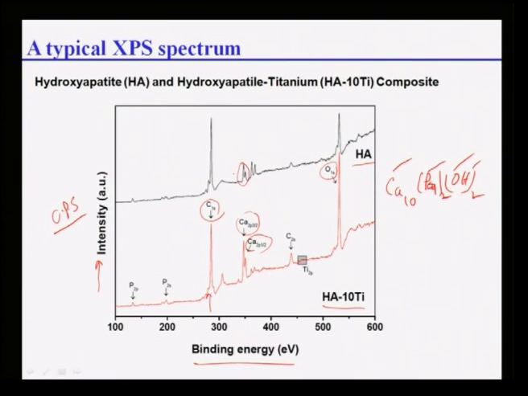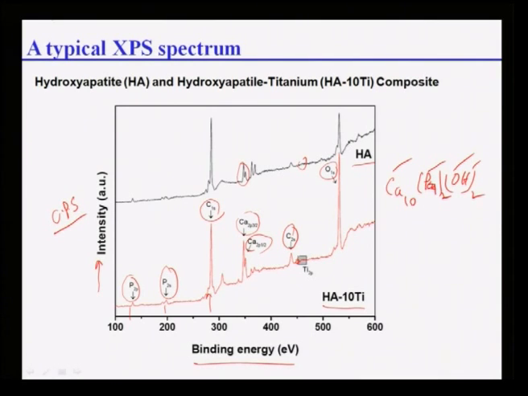These are present both in hydroxyapatite and in the titanium composite. Then you have the phosphorus peaks P2p and P2s at these positions, and a little bit of titanium peak. You can see carbon 1s will always be present. This titanium peak is not visible here, but a small peak is visible here.